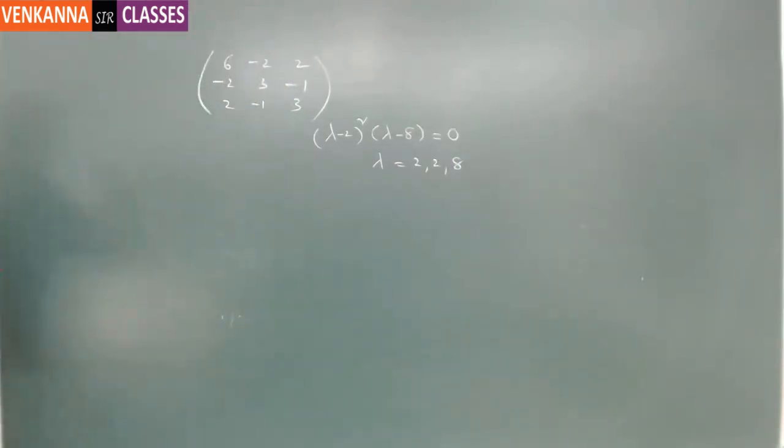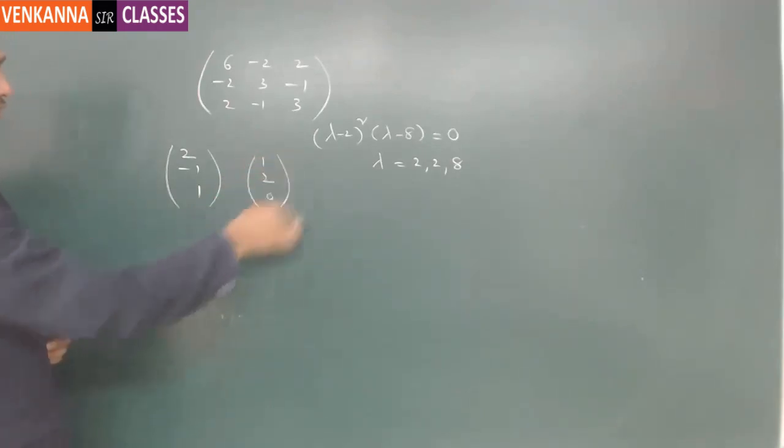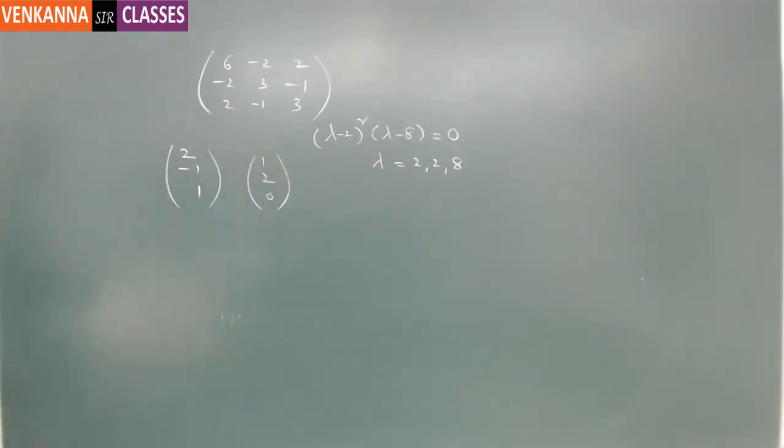So the lambda values are lambda equals 2, 2, 8. Now you know how to calculate the corresponding eigenvectors. So if you consider them, it will come as the values 2, minus 1, 1, that is one vector; 1, 2, 0, that is one vector; the other vector is 0, 1, 1.